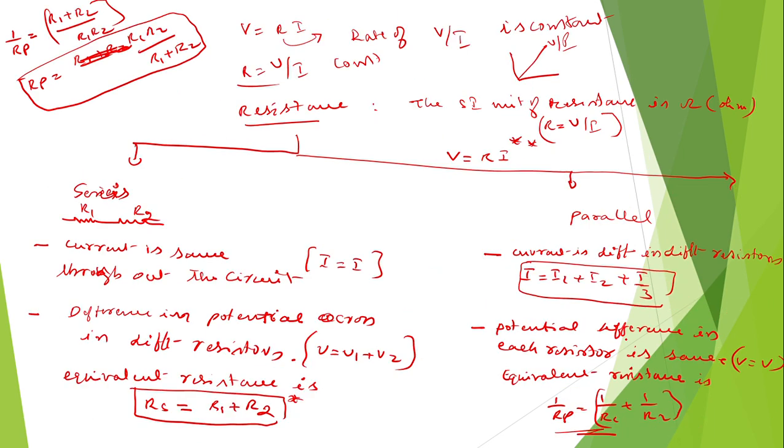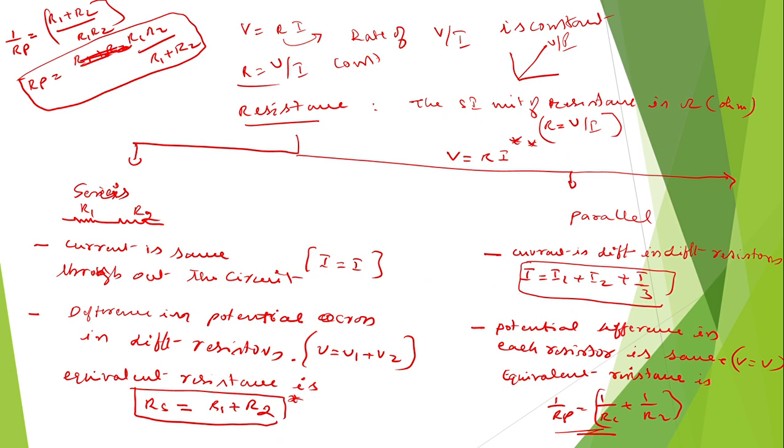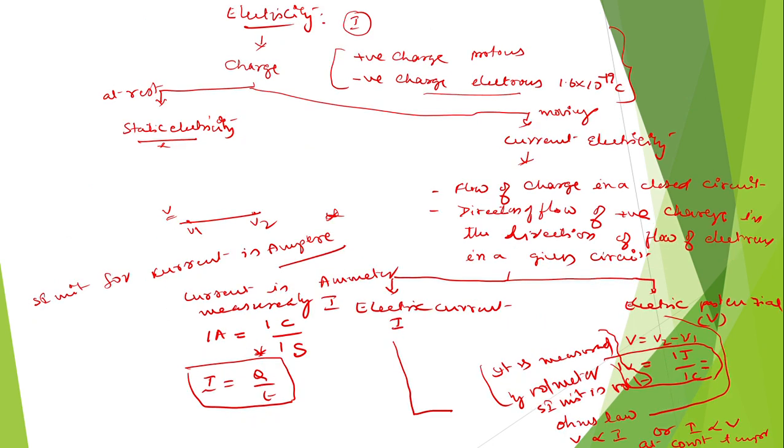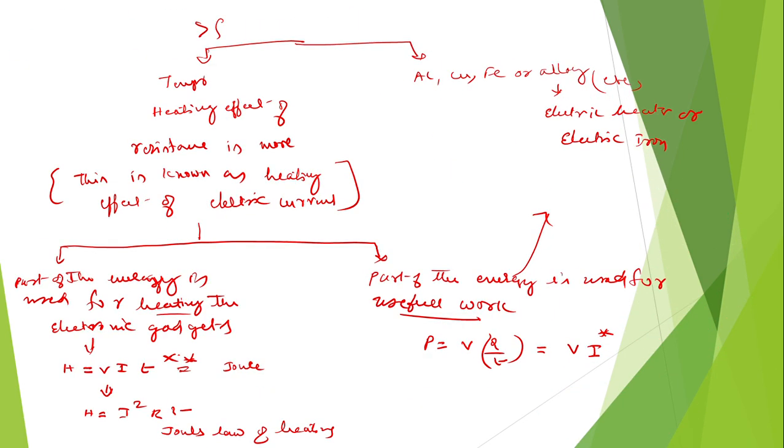Now we will go back. Current, you see, here I am putting. Already the star mark is there. Just you compare this. Okay. So this is the power of a resistance. So P is equal to V into I. How will we measure power? In terms of watt.